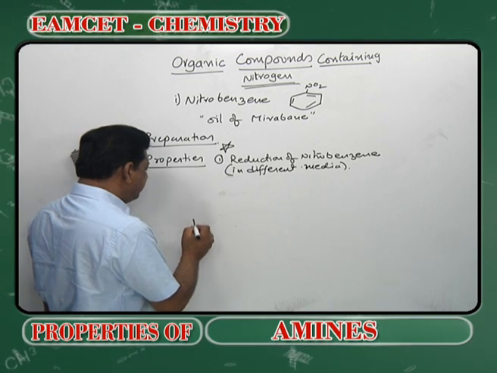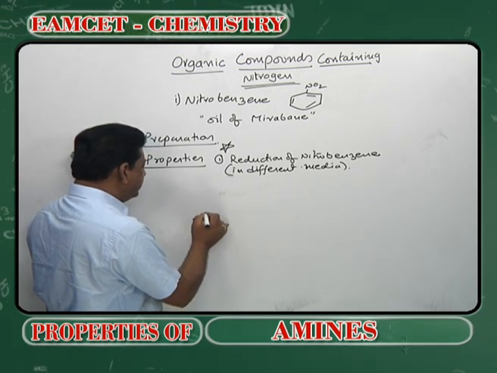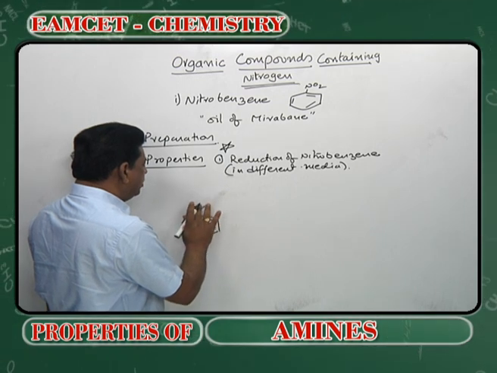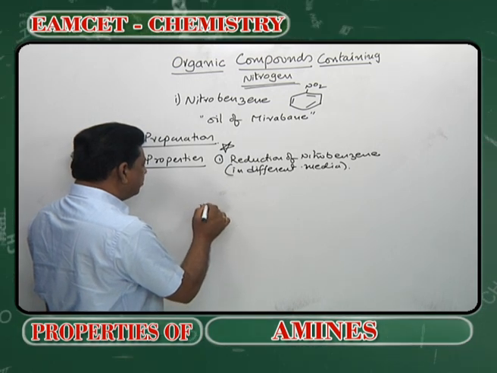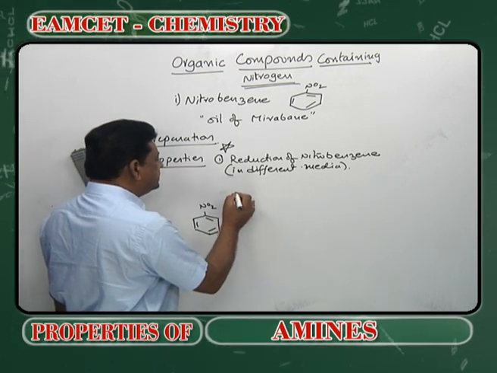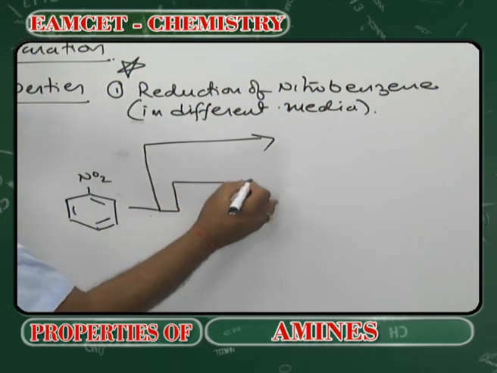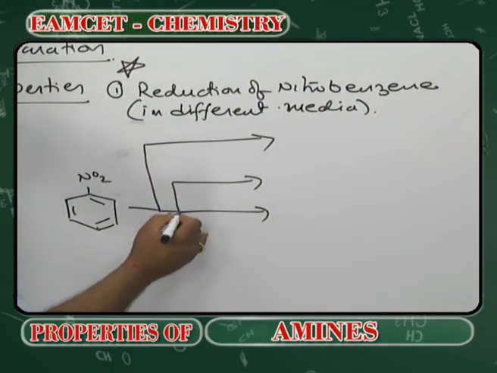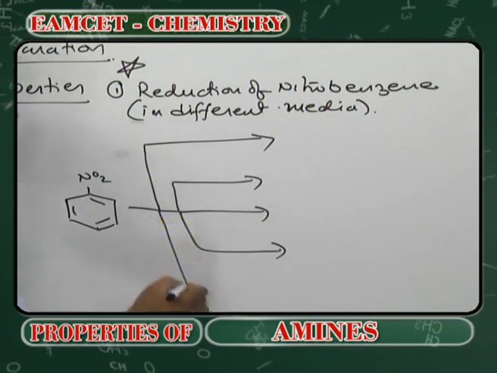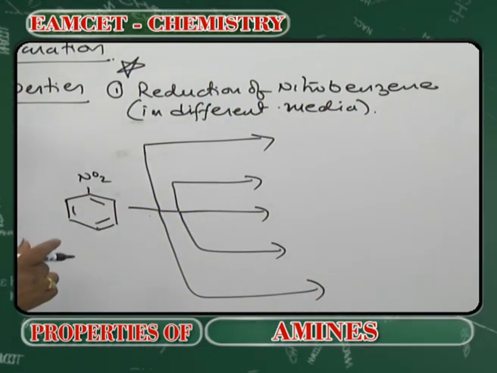So we have here 5 fundamental reactions. The nitrobenzene can be reduced into 5 different types of products. All are nothing but reductions. Three reductions are in the acid, base and neutral media actually.